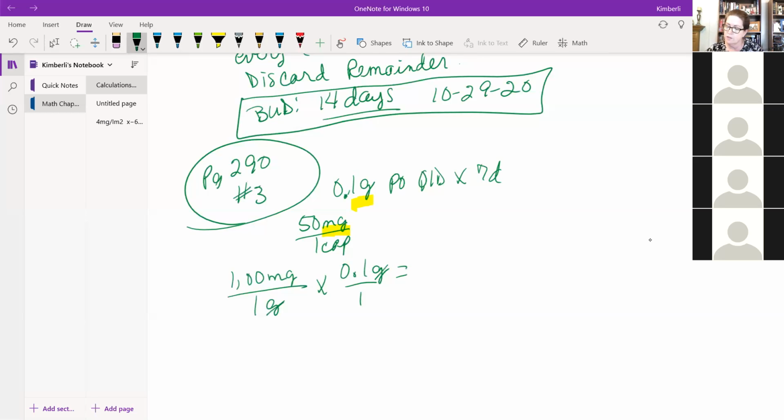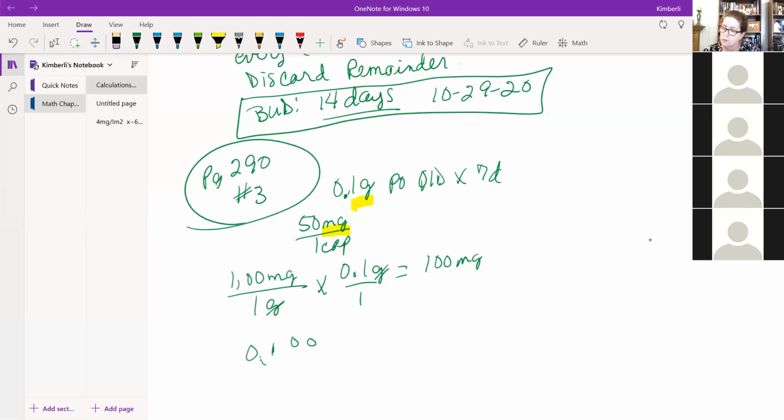So I'm going to move the decimal point over to the right or the left. To the right. Yeah, I'm going to move it to the right 3 places, right? 1, 2, 3, or I could punch it in my calculator and we get 100 milligrams, right?